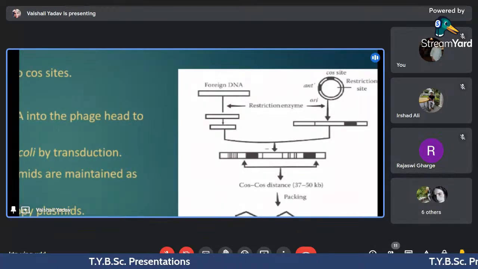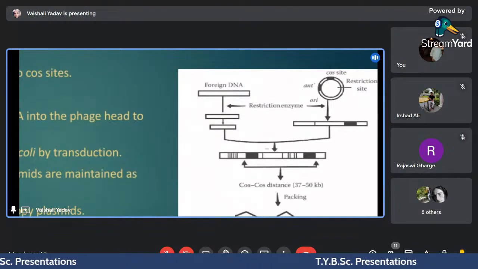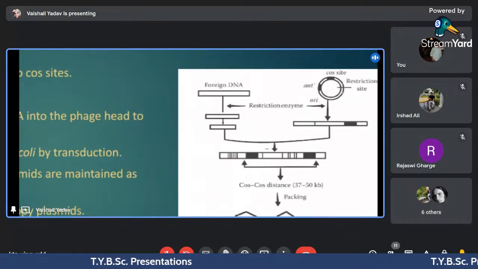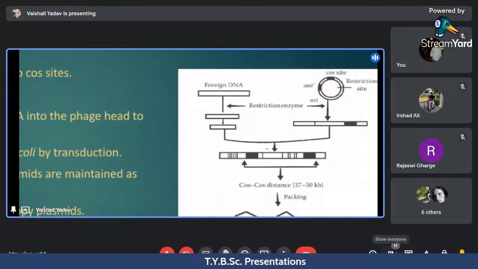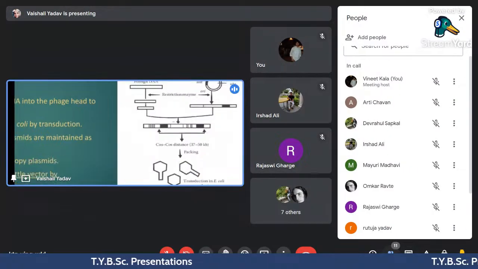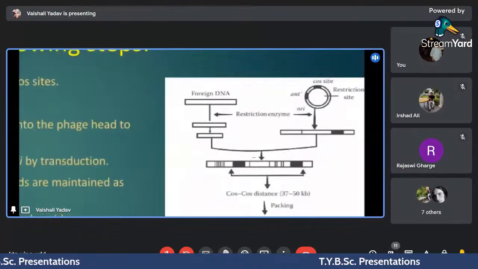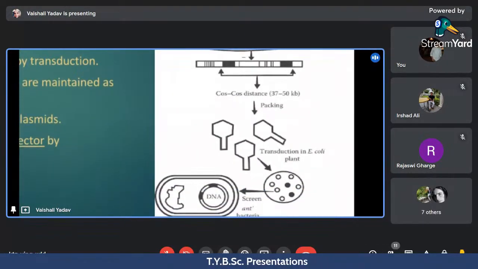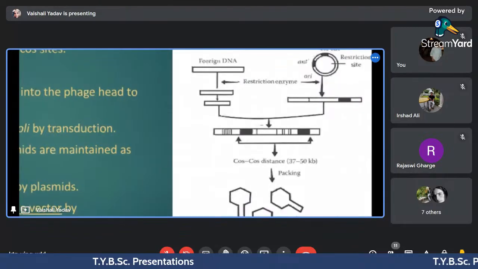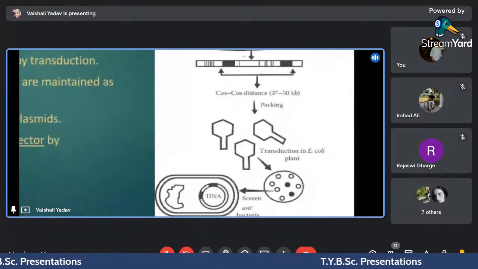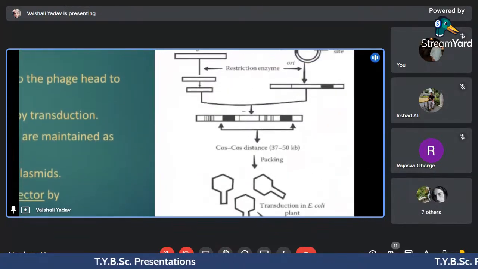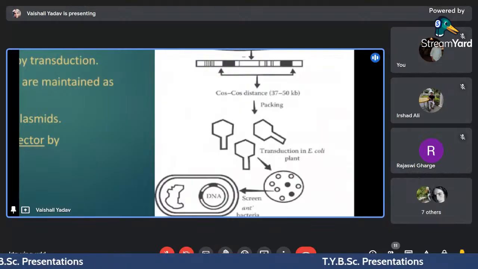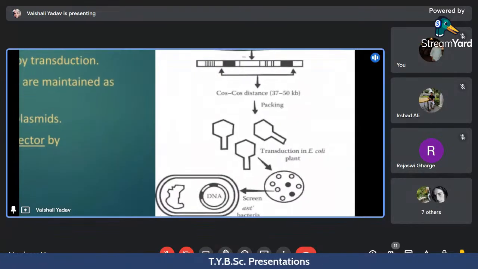The circular cosmid is converted to linear form, and then the foreign DNA and cosmid are joined by DNA ligase and form a linear molecule. Then it is packed in a phage or virus head, and by transduction it is introduced into E. coli as a plasmid.